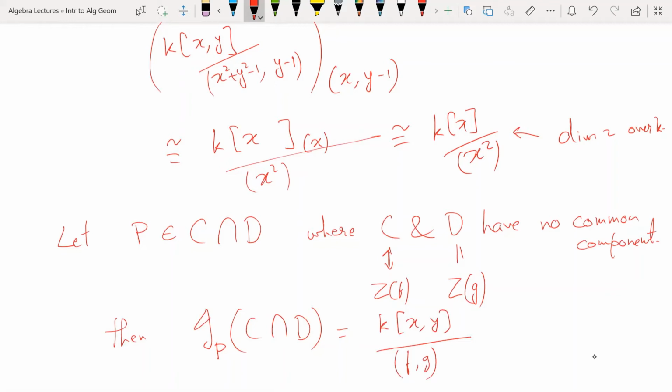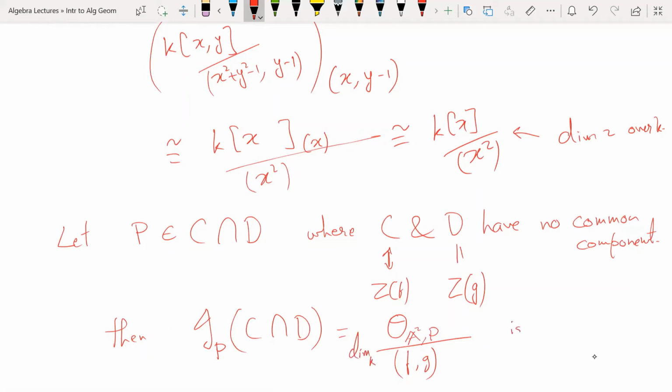Maybe a more coordinate-free way of writing it is you look at the coordinate ring of A² at P, the ring of rational functions which are regular at P, and go mod (F, G), and you look at the dimension of this over k.